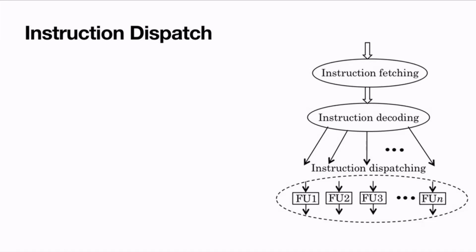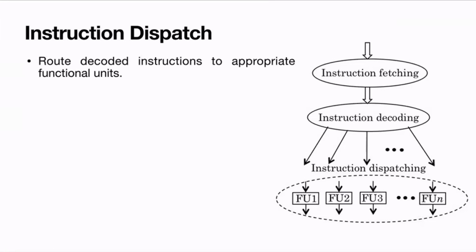So to delink the functional units from the dispatch, we put a buffer in the middle, which is called a reservation station. So we dispatch onto the reservation station, and the instruction waits there until the functional unit is available and the operands are ready.